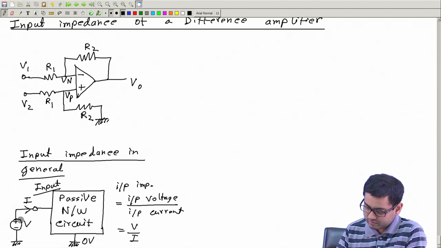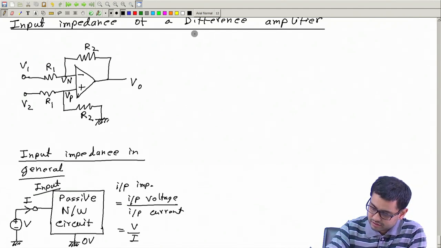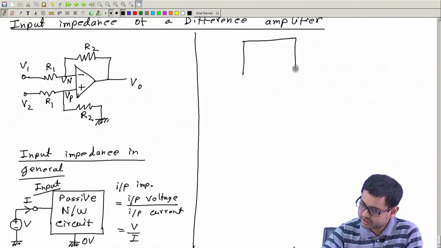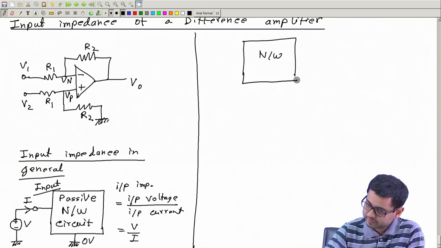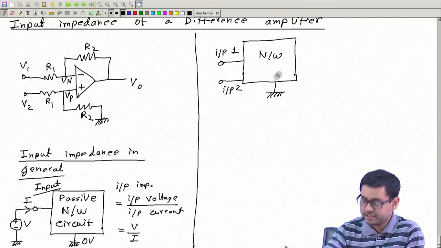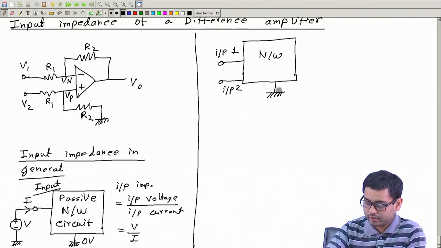Now, if a circuit or a network has multiple inputs, say call it input 1, another is input 2. This is the reference terminal or ground terminal of this network.